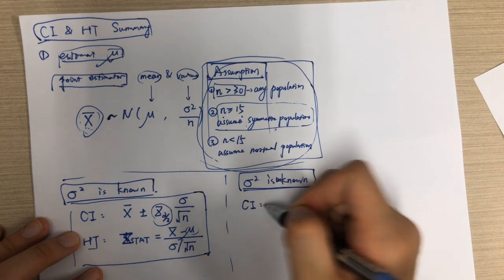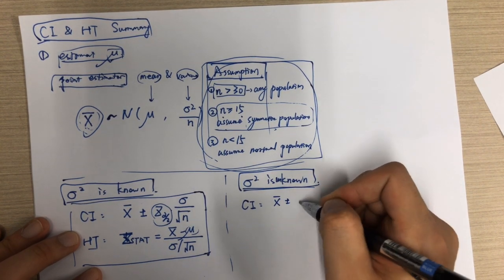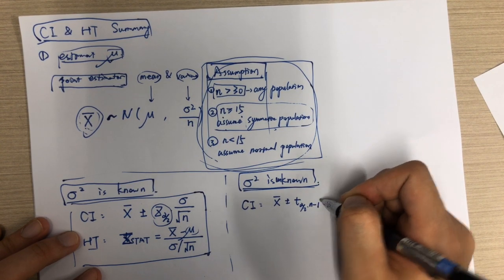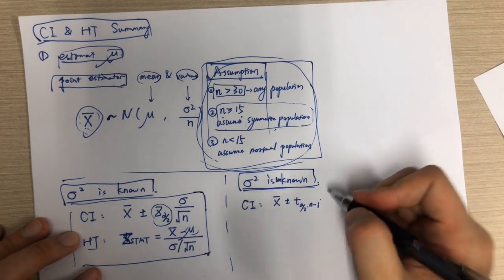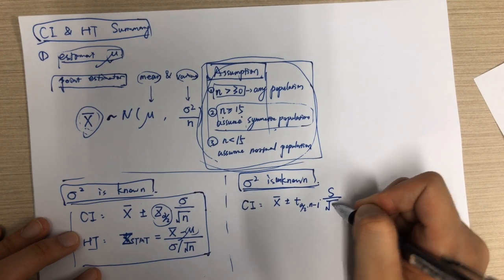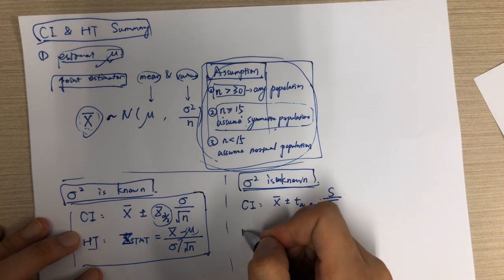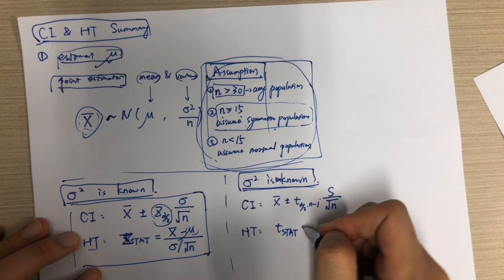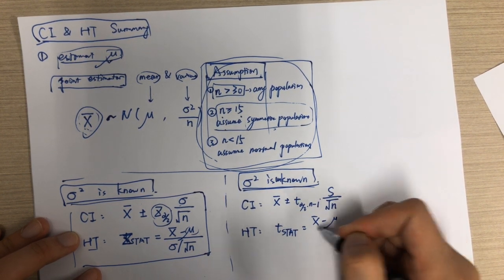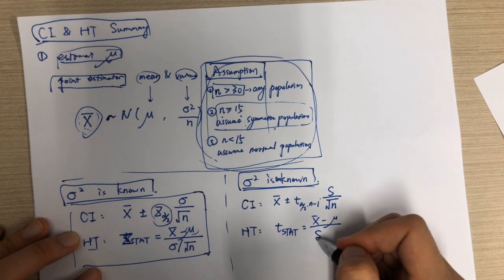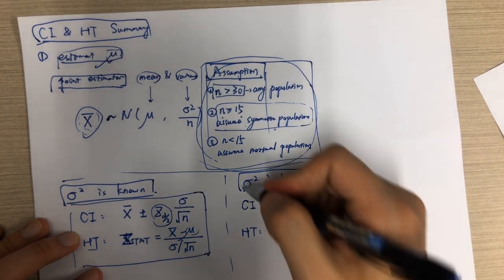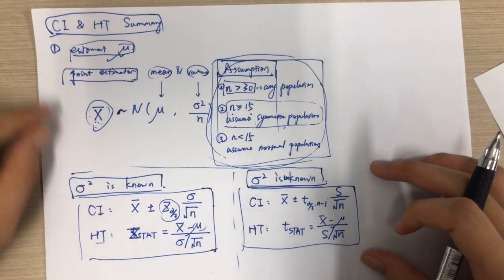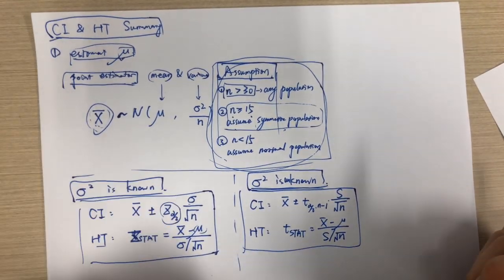The confidence interval will be X bar plus or minus t half of alpha with n minus 1 degrees of freedom times, instead of sigma, s divided by square root of n. And for hypothesis testing, we have a t-stat instead of z-stat: X bar minus mu divided by, instead of sigma, s divided by square root of n. Those are the two different scenarios when we deal with the estimation of mu.